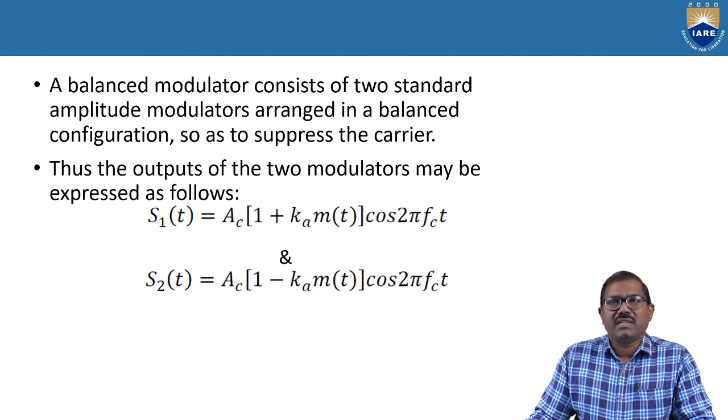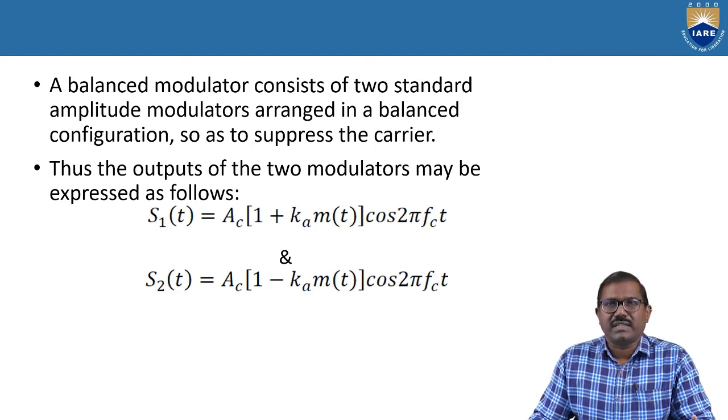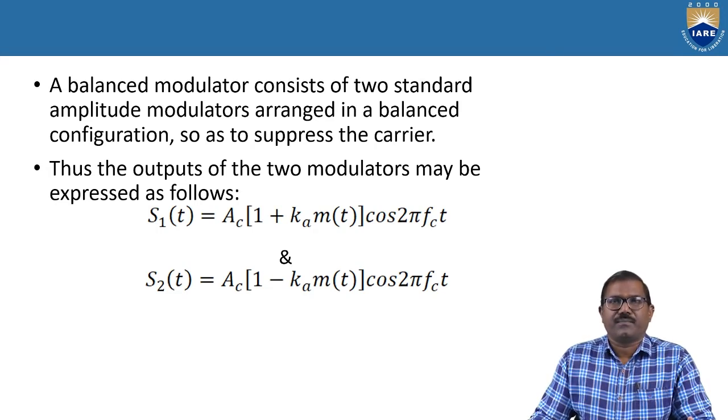Again in the lower channel, s2 of t is equal to Ac of 1 minus Ka m of t times cos 2 pi fct. Why? In the lower channel we are giving minus m of t, so the sign changes in s2 of t. We are using two standard AM modulators, so it produces the same AM modulation.